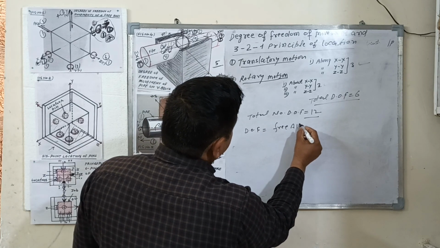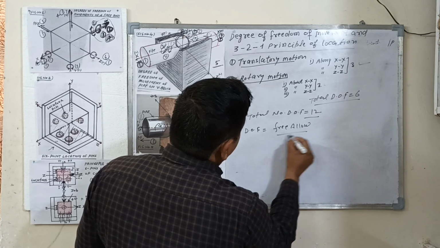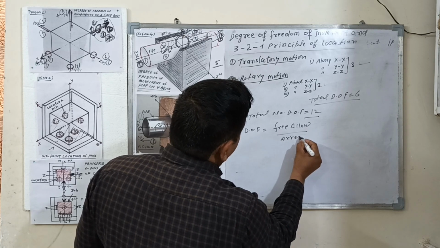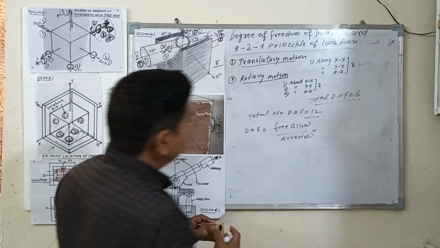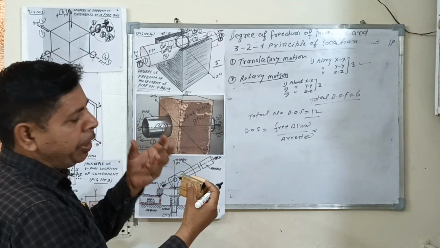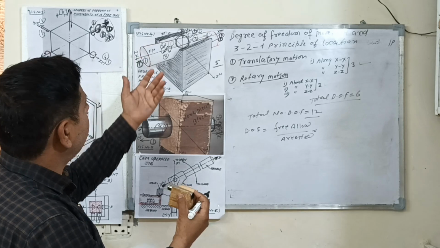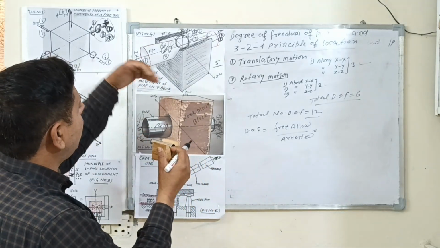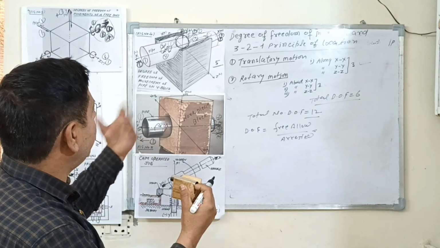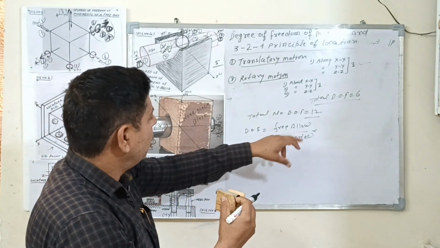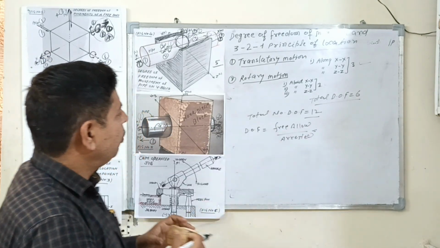free allow upon arrested. The allow means how the body moves, in how many positions and in how many directions the body is moved. The body that moves is called the free allow.